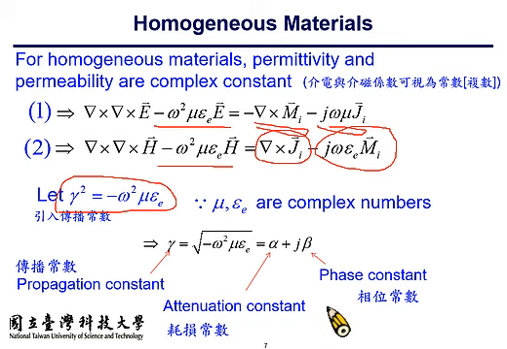It represents the phase variation of the signal of the field, and it does not provide signal attenuation or power dissipation. So the real part is related to power dissipation. The imaginary part is related to signal variation in the angle in the time domain.